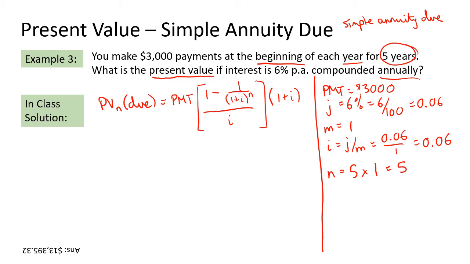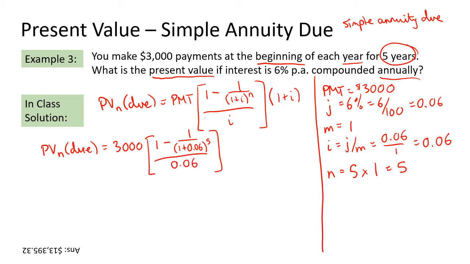Substituting all of these values into the formula, our present value for this annuity due is equal to 3,000 times 1 minus 1 divided by 1 plus 0.06 to the exponent 5, divided by our periodic interest rate, 0.06. And that's multiplied by 1 plus 0.06.